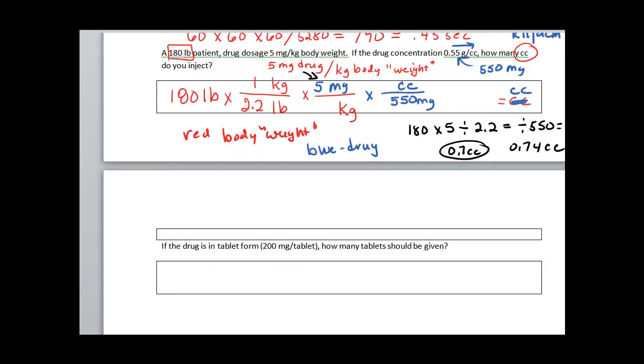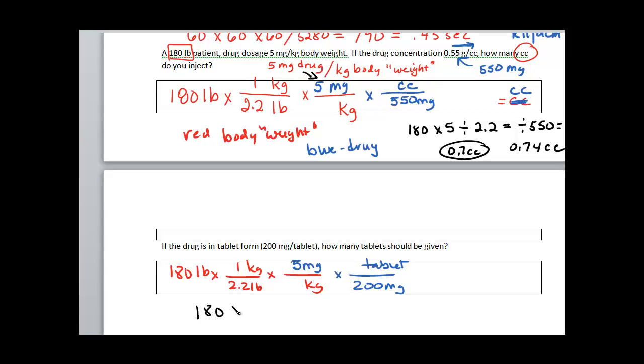Now, you could also be asked this problem by giving the drug in tablet form, and you can reproduce the first part of this problem because the patient's body weight and the dosage did not change. But the way the drug is administered did, because we have 200 milligrams in a tablet. So we just have a slightly different setup here.